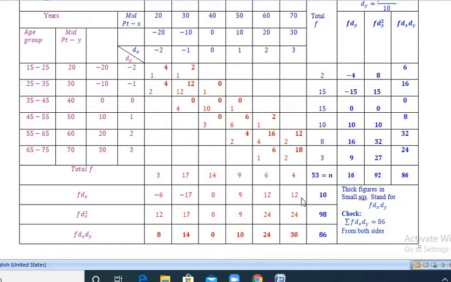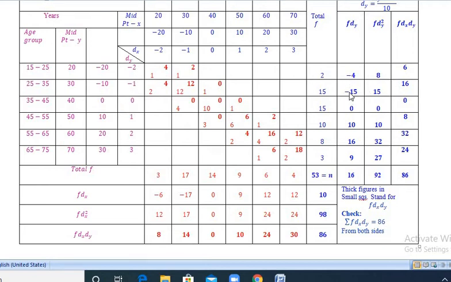And then compute f dy square and f dx square. That is f dy square is obtained by multiplying dy to f dy. That is f dy is minus 4, again dy is minus 2, their product is 8.